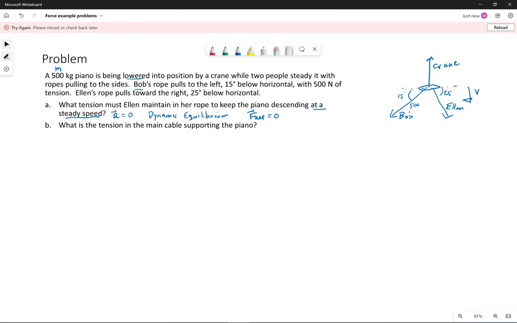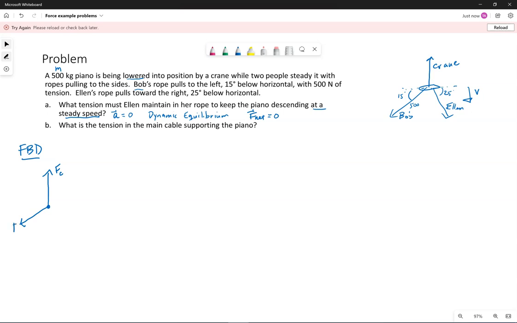So I'm going to draw a better picture of my free body diagram. The crane we know is somehow holding the piano up. I'm going to just call that F sub C, force of the crane. We know Bob is pulling.